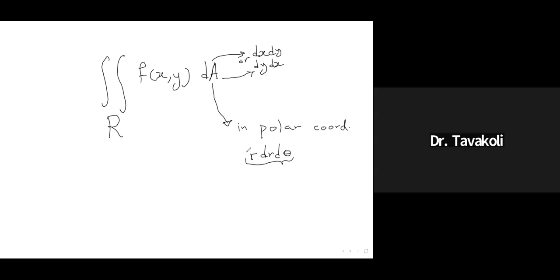So when we do double integrals in polar coordinates, that dA, which in the rectangular case was dx dy or dy dx, depending on the interior and outer integrals, is replaced by r dr d theta.